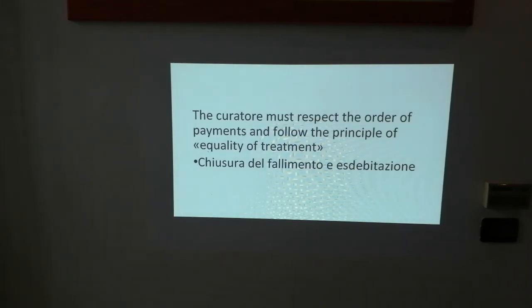This esdebitazione won't happen if there's been some behaviour that's not correct. For example, if a bankrupt person has been trying to siphon off funds for a friend, saying he owes his friend all this money and it's not true, or making false accounts, etc., then he won't reach the phase where the debts are written off, and he may have to be responsible for the debts all the way until they're fully paid.